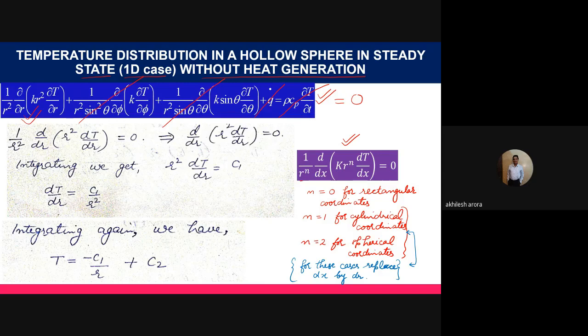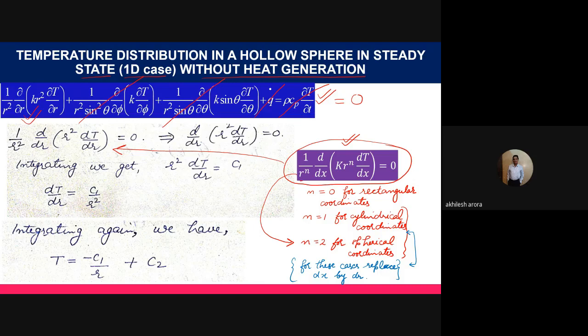So once again, for spherical coordinates, as I have written it here, the value of n can be considered as 2. So when you use the value of n as 2 in this particular equation, what do you get? You get this particular equation which is given here.